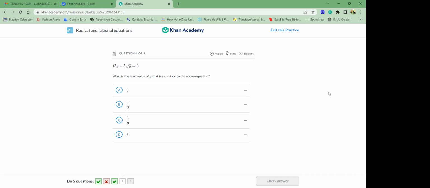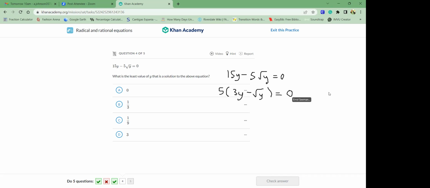If we do it like this, let's try this way. 15y minus 5 root y equals 0, right? Can we factor this? What can we take out? The 5. Take out a 5, so we'll have 3y minus root y, right? Equals 0.